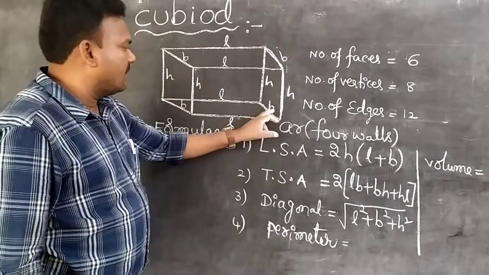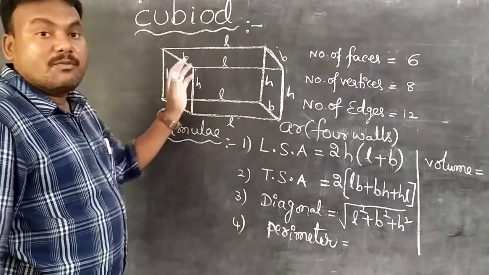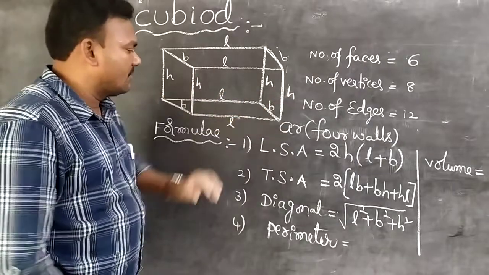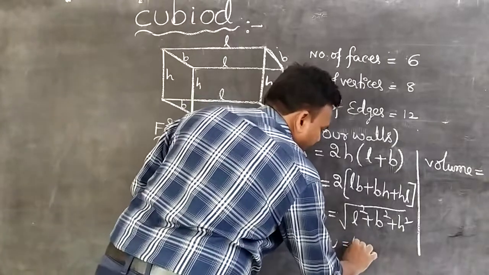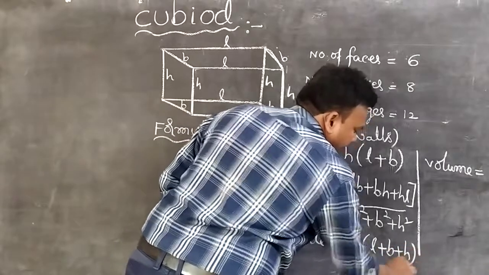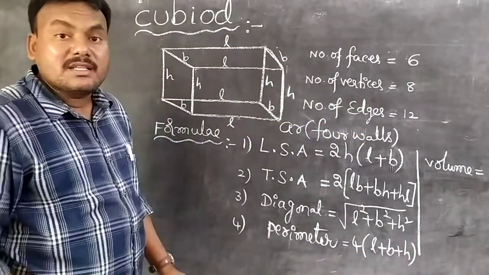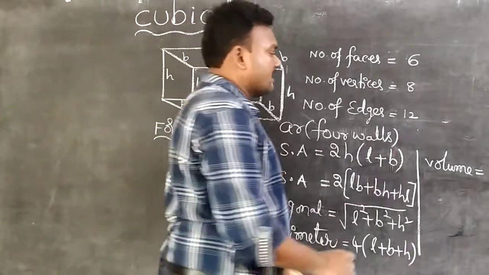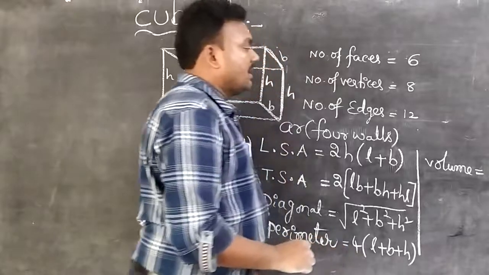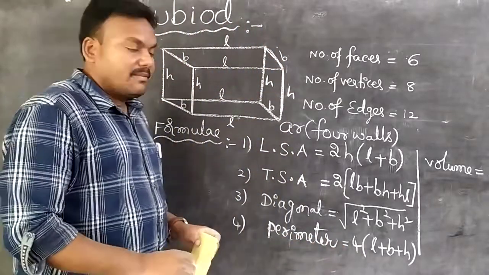How many B's? 1, 2, 3, 4. How many H's? 1, 2, 3 and also 4. So that means 4 of L plus B plus H. Next, value equals L into B into H. These are the formulas, students.